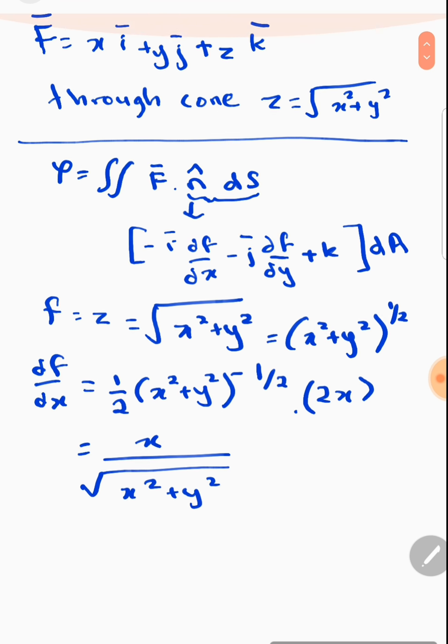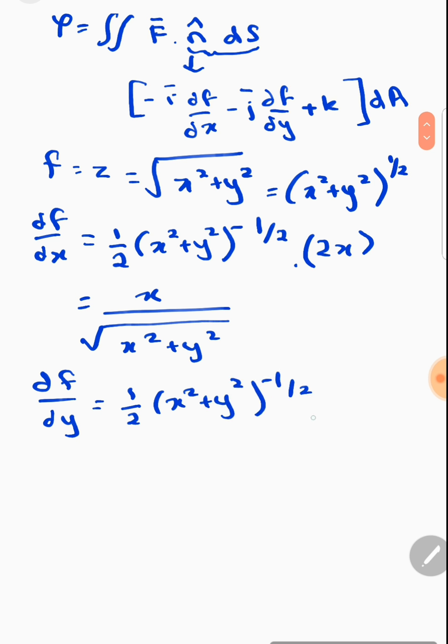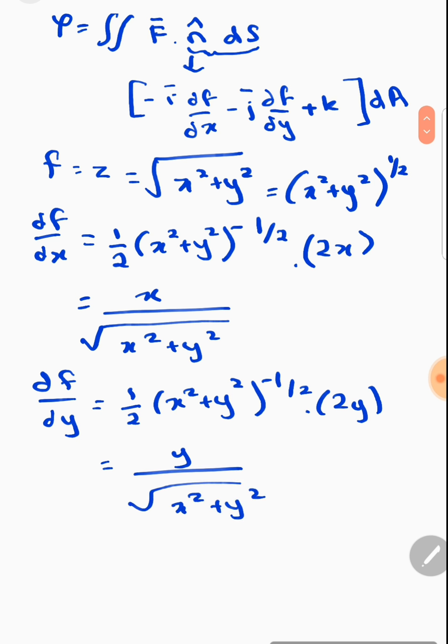Similarly, df over dy: I have half x squared plus y squared to the power of negative half, multiplied by 2y. Therefore it gives me y over the square root of x squared plus y squared.